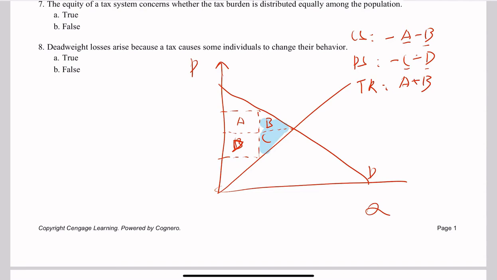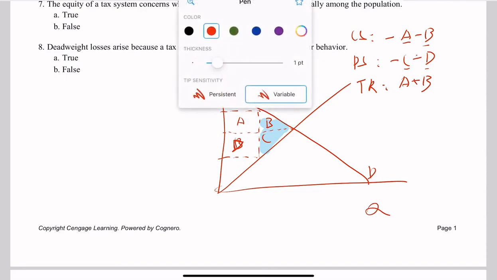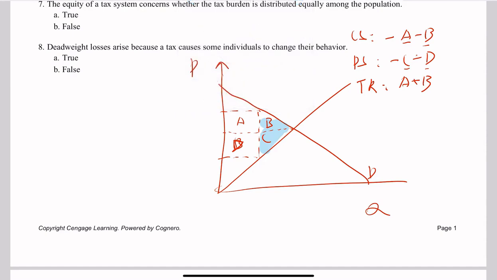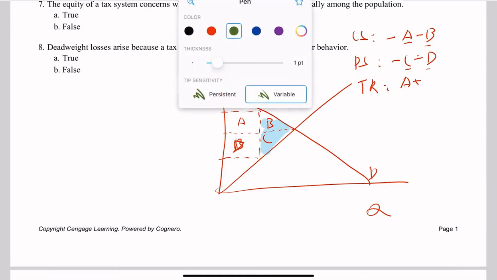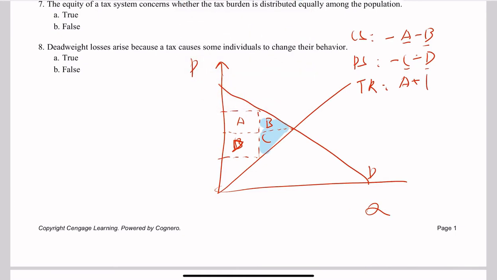So essentially you can see that there is this deadweight loss because the tax revenue is actually given by A plus D. Okay, let me change this. Okay, this should be D here. Now why do we have this deadweight loss? Well, first, look at the total decrease in surplus.